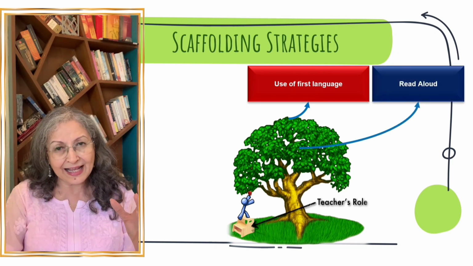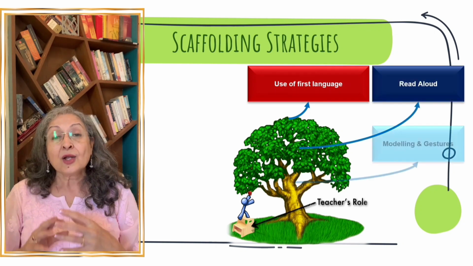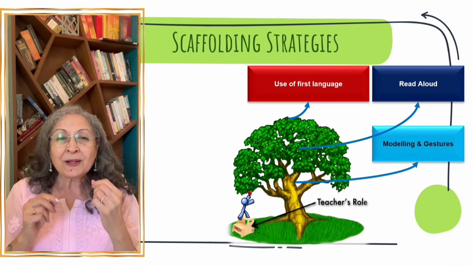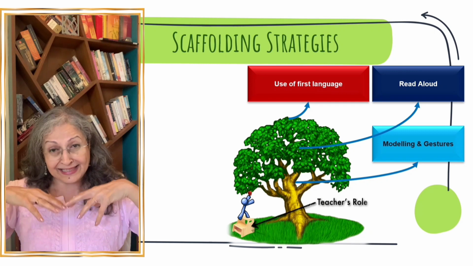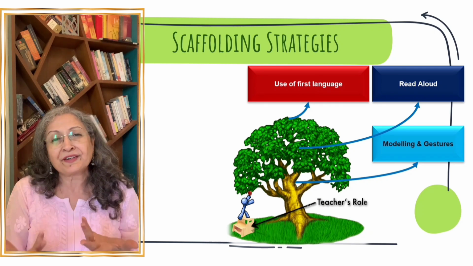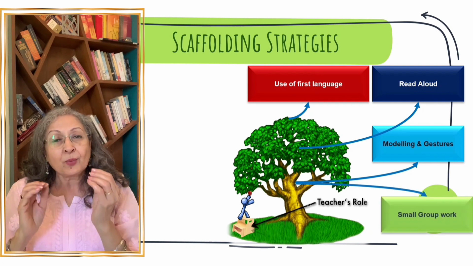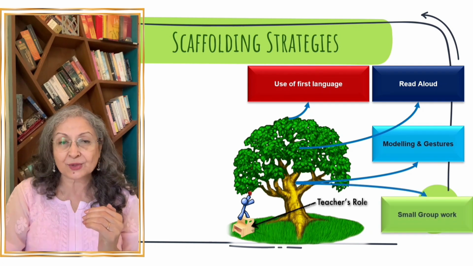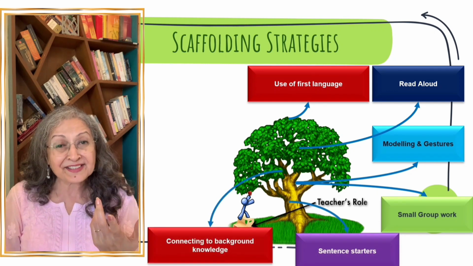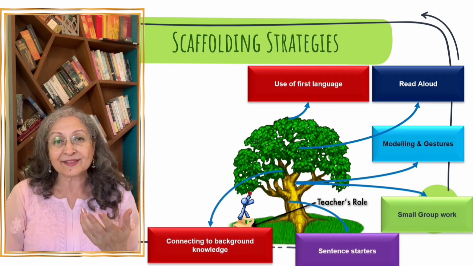Whenever we are reading aloud, we do all of this, right? Whenever we are modeling, and when we have gestures to show this is what I mean to say when I'm saying that, when we say there is a bird, and whatever other modeling that we do. Whenever we assign small group work so that they learn from each other, some sentence starters, success starters that we use in our classrooms.